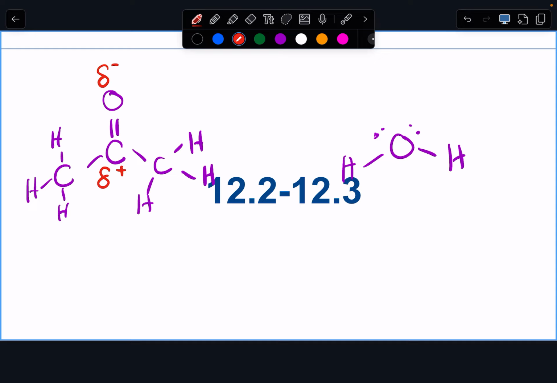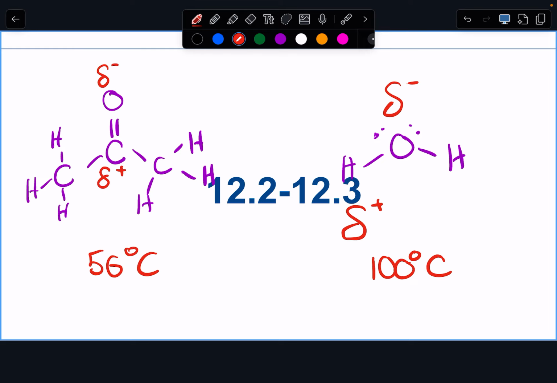But getting to why hydrogen bonding is so different, we definitely have partial charges in water. I think I looked it up in my other class. So water's boiling point is 100 C, and acetone's boiling point is 56 C. Okay, so I know by observation that acetone has a lower boiling point.